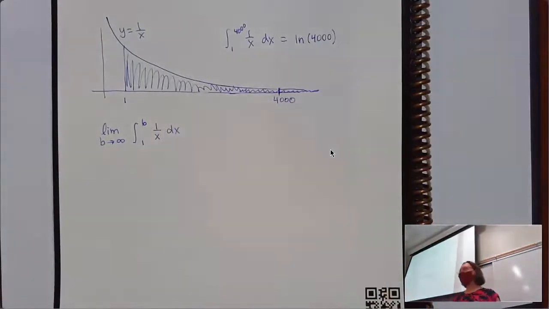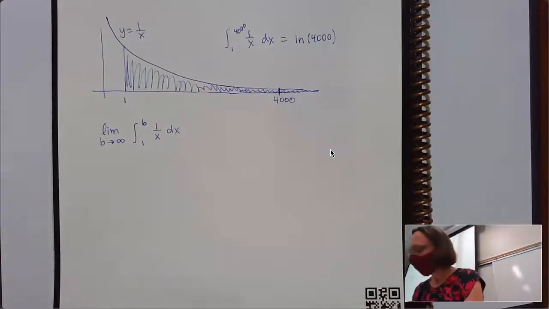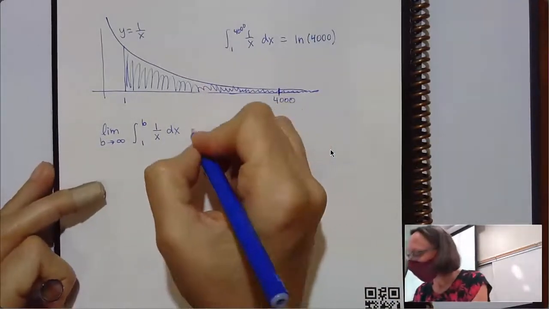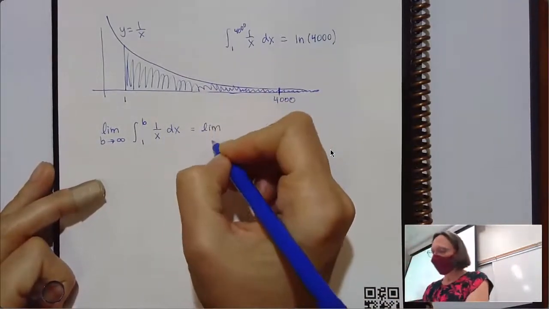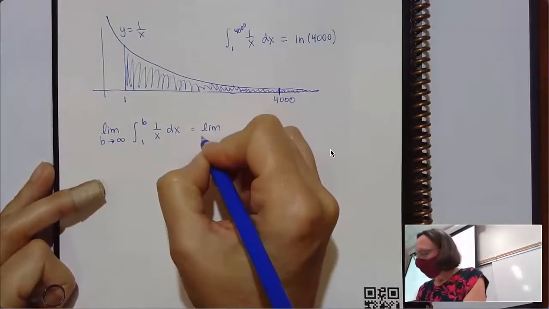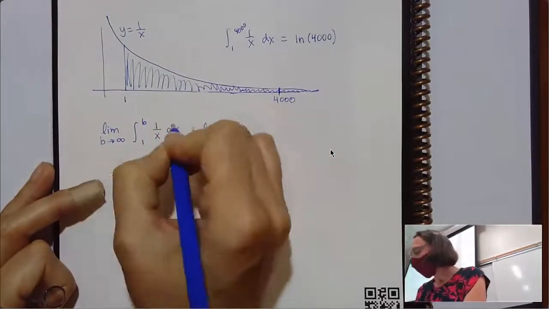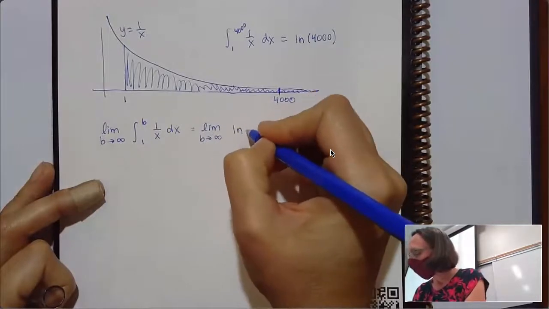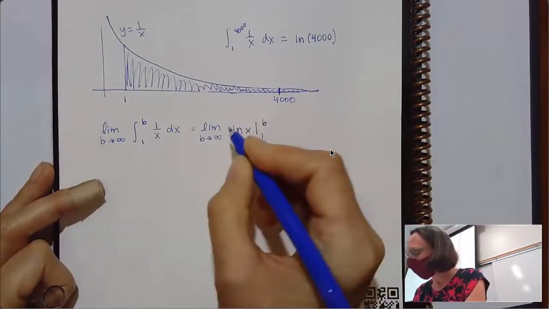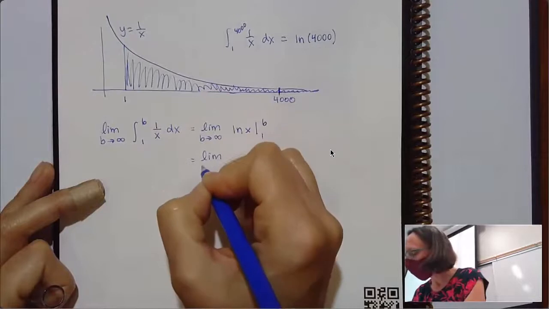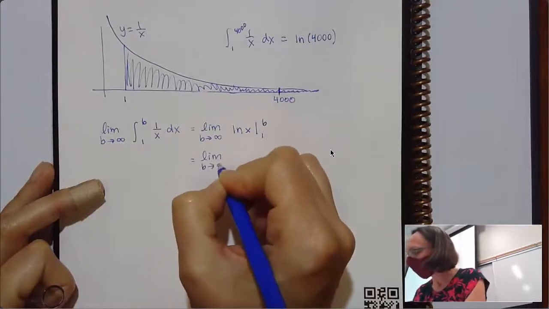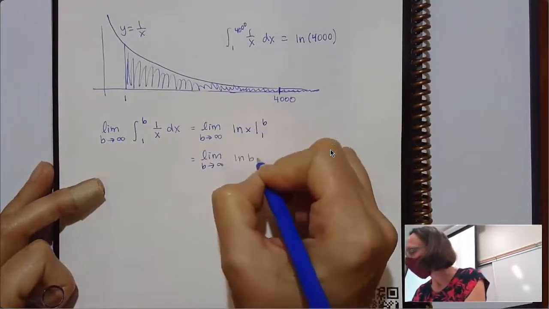We know the answer is going to be infinity, but notation wise, mathematically, we're going to bring that limit along with us. We're going to evaluate the integral. We're going to have that natural log of x from 1 to b. Still bringing that limit with us because we haven't actually evaluated it yet.